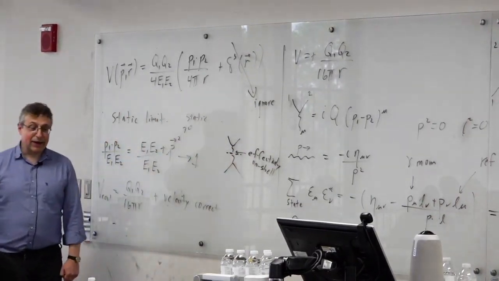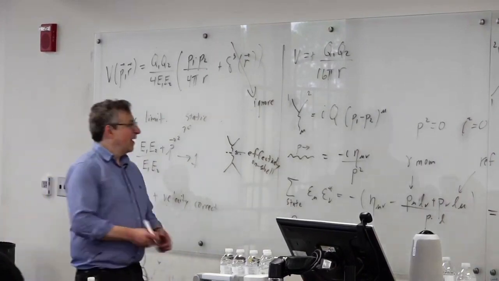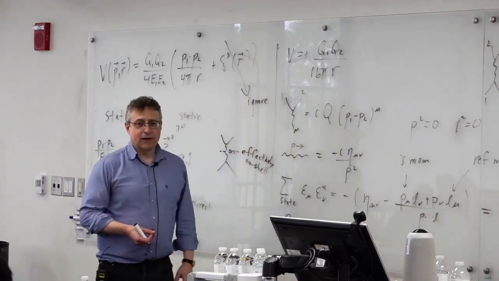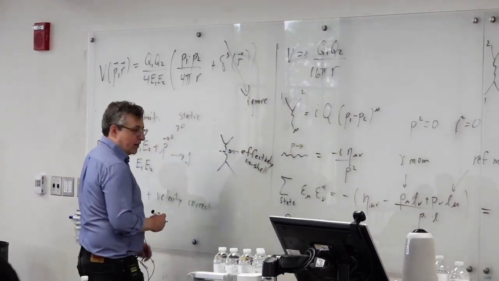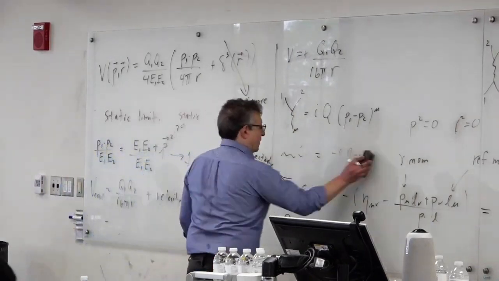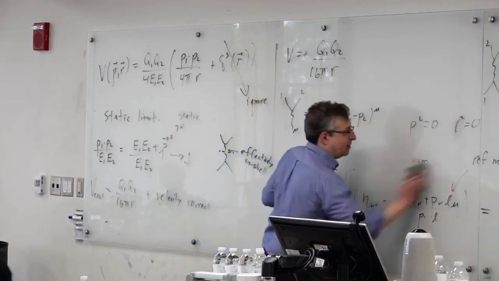If I put it on shell, I guess you came to my lecture and you heard something about how do I get a graviton vertex? What's the graviton vertex? I'm going to convert this to a graviton vertex.